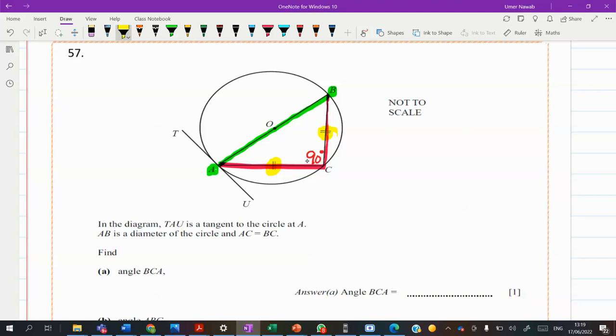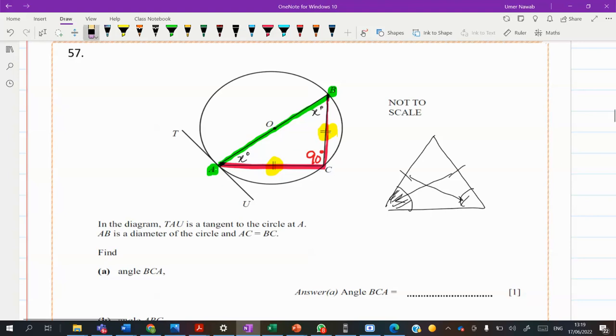The triangle ABC is isosceles because AC side is equal to BC side because of this. So which special property of isosceles triangle are we going to use now? In an isosceles triangle, the opposite angles are always equal. So since BC is equal to AC, the angle opposite to BC is angle A, that is X, and opposite to AC, that should be also X.